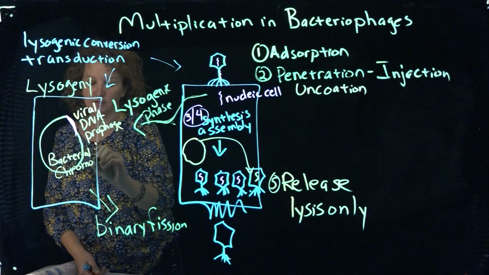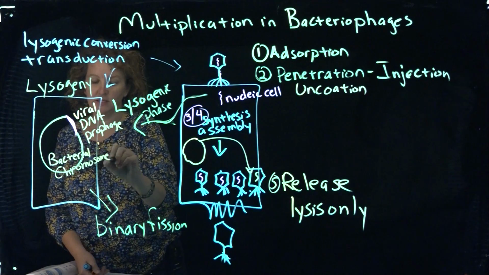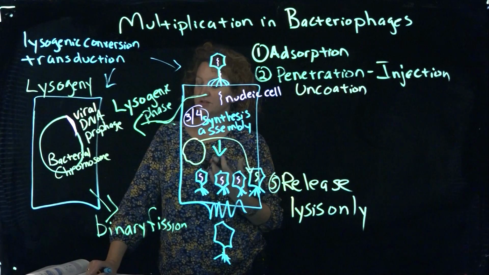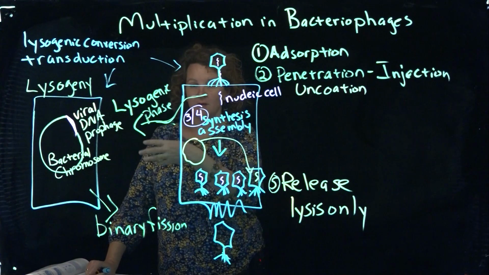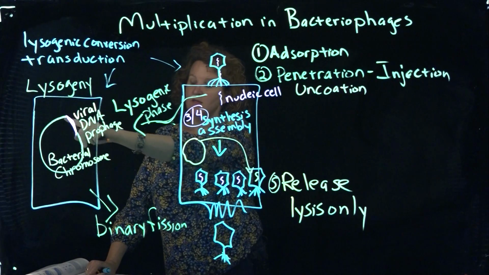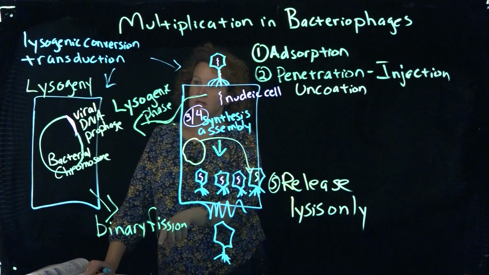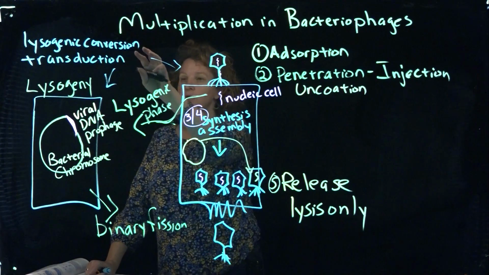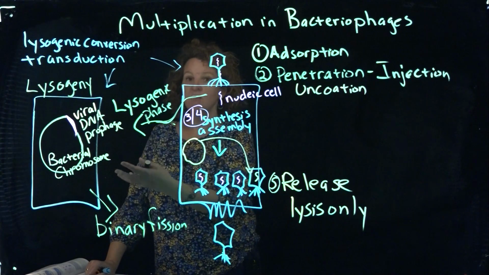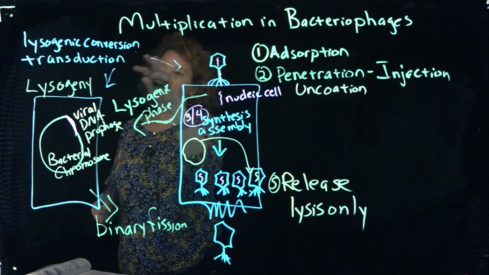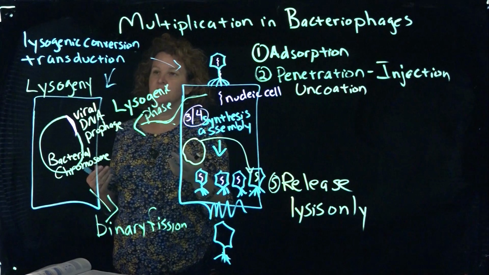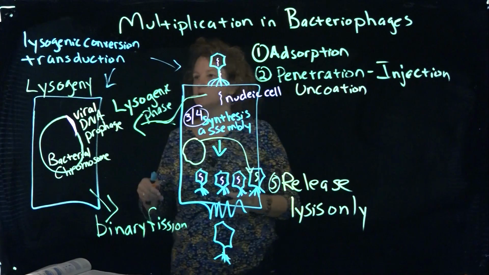And that can do a few things. It can just sit in there and hibernate a little bit until it's triggered to start making copies of itself. But by that time, this has been copied into many daughter cells. It also can do what's called lysogenic conversion, where it remains in there, and that can contribute to pathogenicity or virulence. It really contributes to virulence.